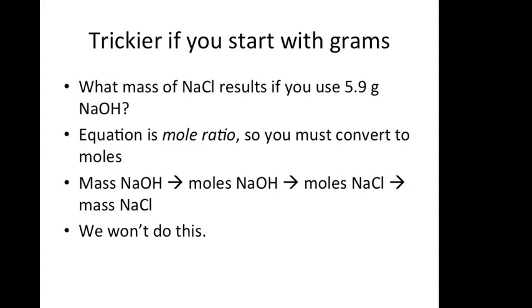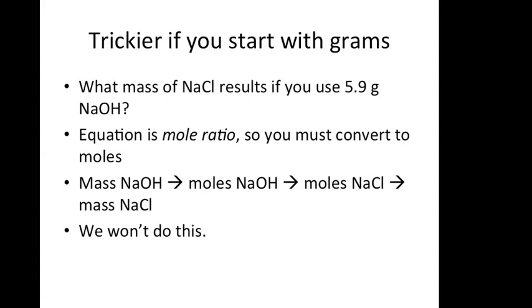And so what you would do is you say, okay, I know how to go between moles and grams. So your first step would be to change that mass to moles, which was the first part of what we did today. And then you would change the moles of sodium hydroxide to the moles of sodium chloride, just like we did on the previous slide.